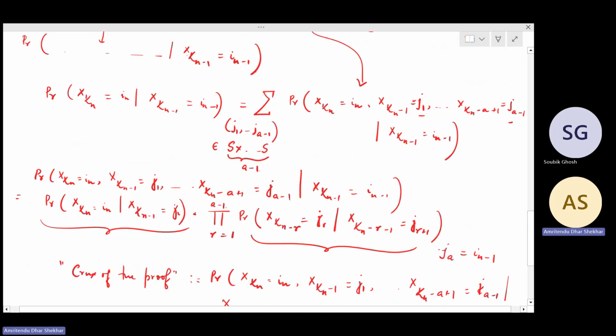The probability comes out to be equal to this term.